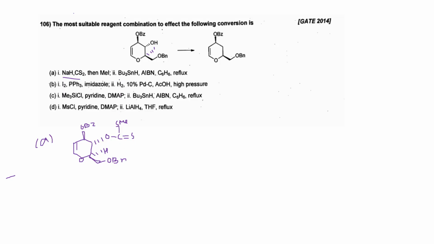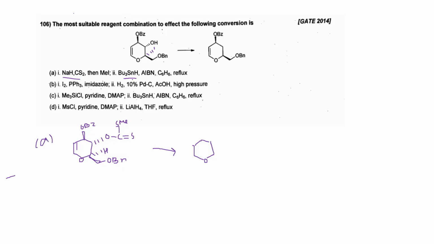In the second step, I have told already, in case of Chugaev reaction you have to heat the substrate at a very high temperature, greater than or equal to 400 degrees centigrade. In the second step they have not mentioned heat, so it will not undergo the Chugaev type of reaction, whereas before that the next reaction will take place. That is the Sn reaction.